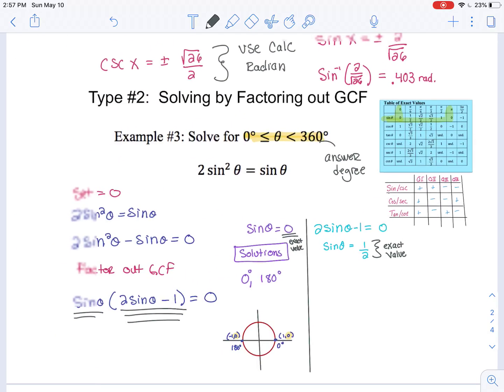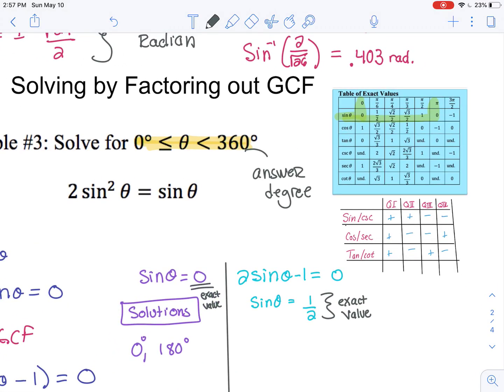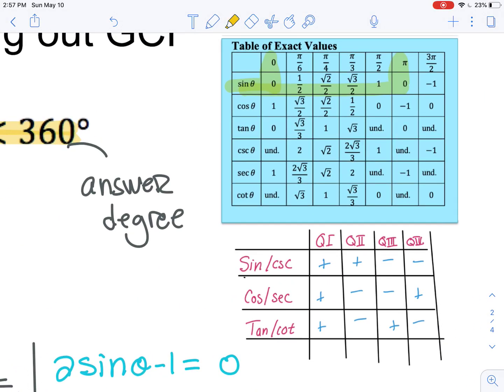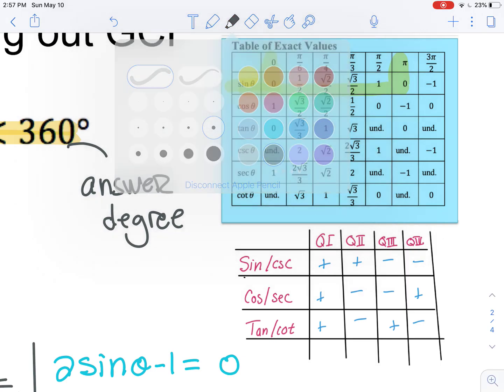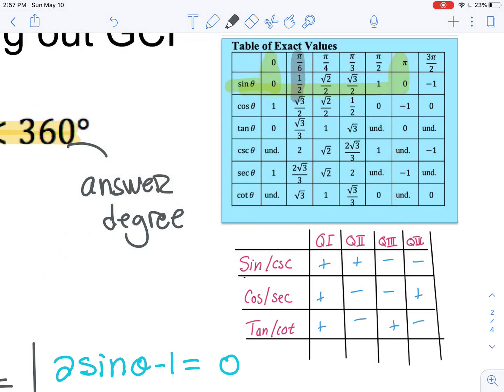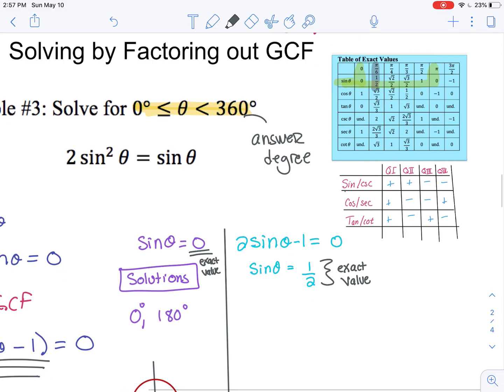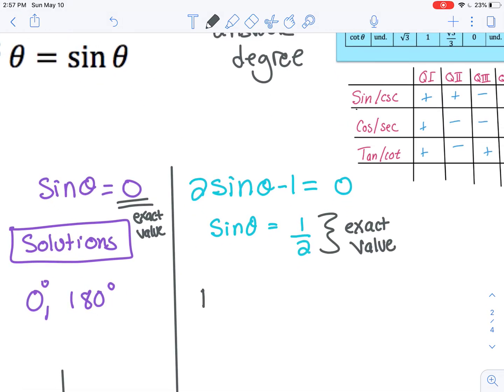So we're going to go to our chart. When is sine equal to 1/2? That's going to be at pi over 6. So my reference angle here is pi over 6, which is 30 degrees.